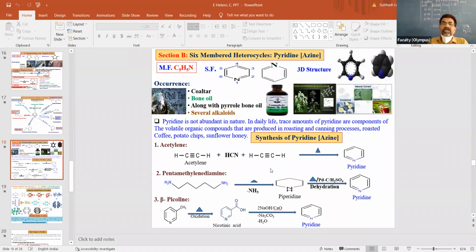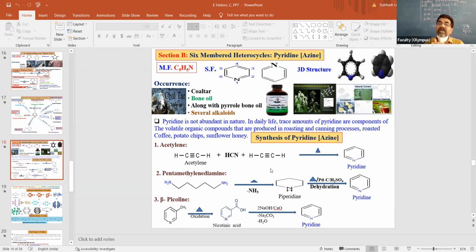NH2 CH2 CH2 CH2 CH2 NH2. The pentamethylene diamine has 5 methylene groups, CH2, and 2 NH2 groups at the two ends of the carbon chain. That is called pentamethylene diamine.